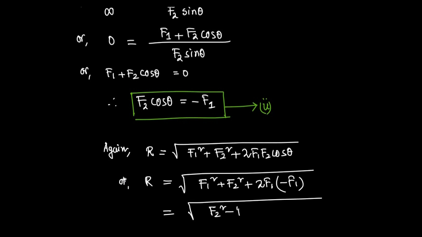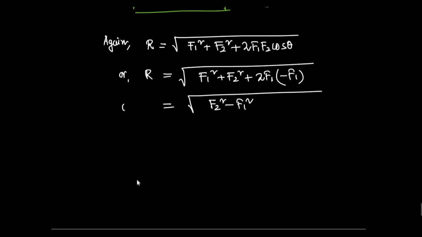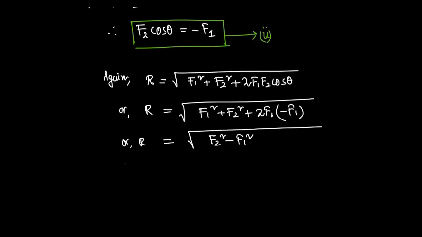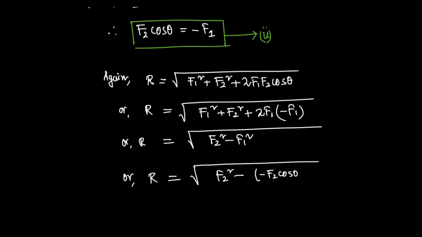R is equal to root over F2 square minus F1 square, or comma, R is equal to root over F2 square minus under bracket minus F2 cos theta whole square.